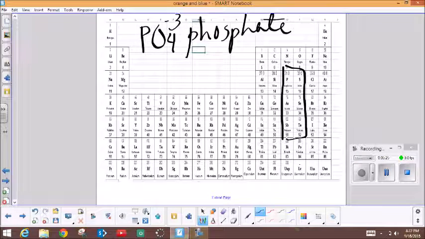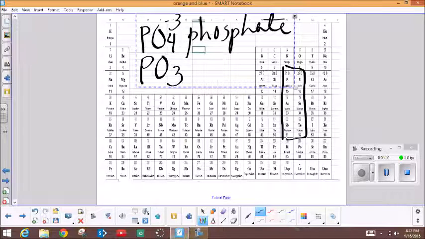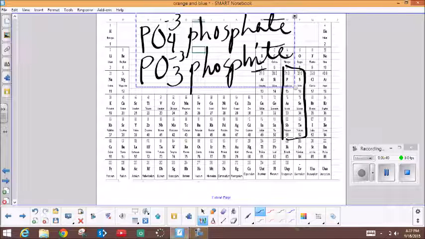But if I lose one of those oxygens and I'm just PO3, still with the -3 charge, then I'm phosphite, and my ending is ITE.